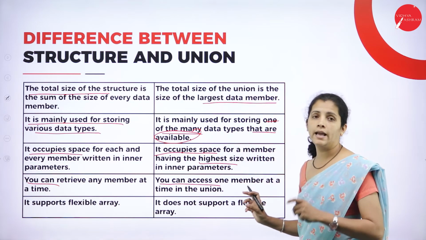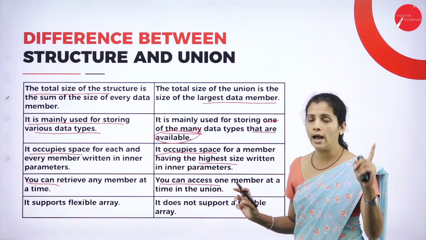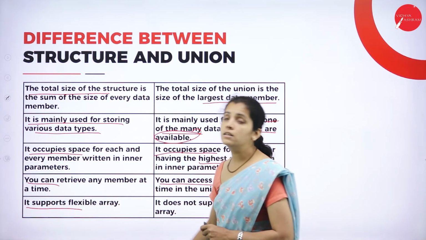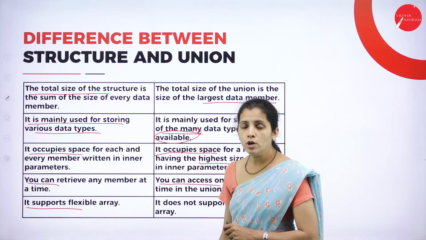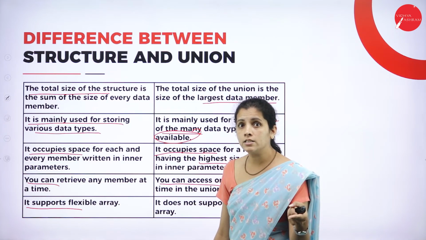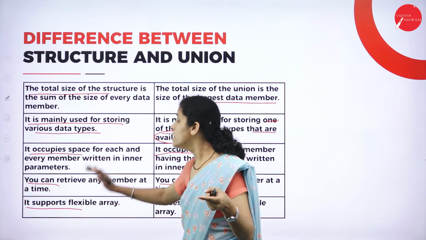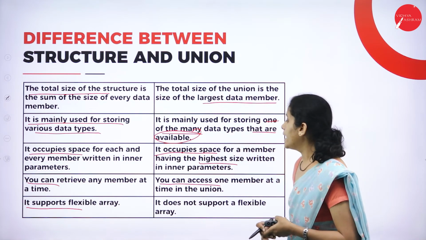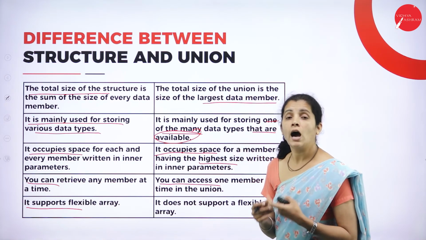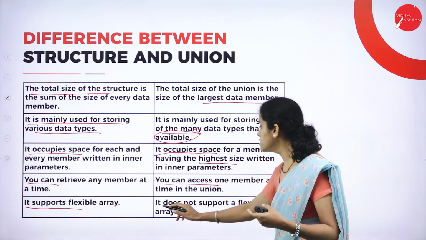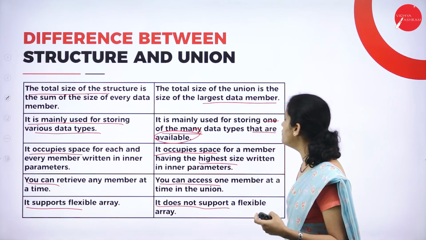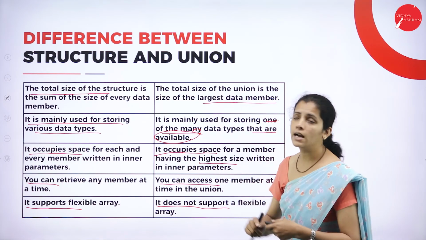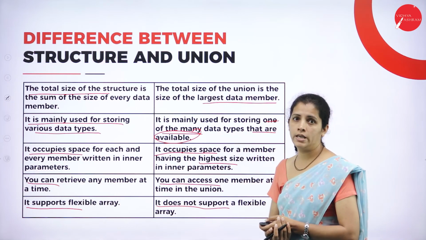And with structure, I can create an array of structures, so it supports a flexible array. But with a union, I cannot create an array of unions because it does not support a flexible array. So these are some of the differences between structure and union.